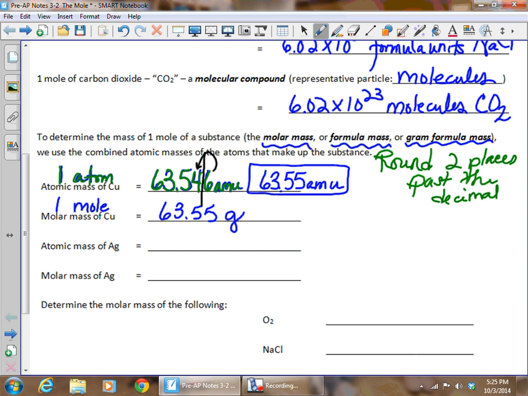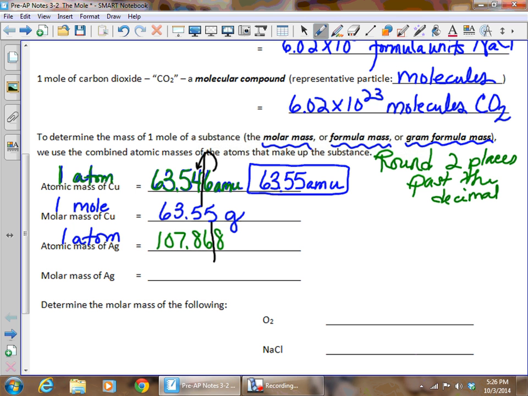Likewise, if we want to find the atomic mass of silver, that's the mass of 1 atom of silver. We look it up on our periodic table and look at your fold-out charts on the outside, and that number says that the atomic mass of silver is 107.868. Remember, I want that 2 places past the decimal, so draw your line.